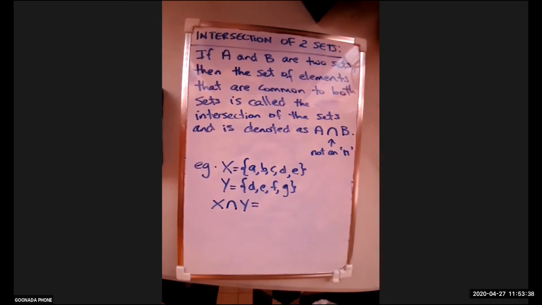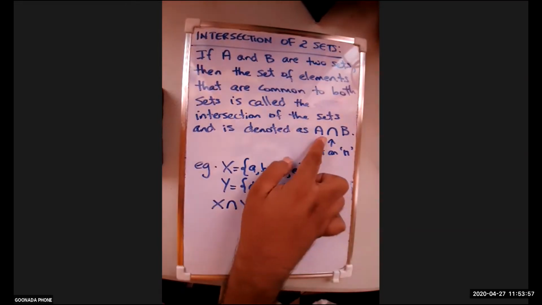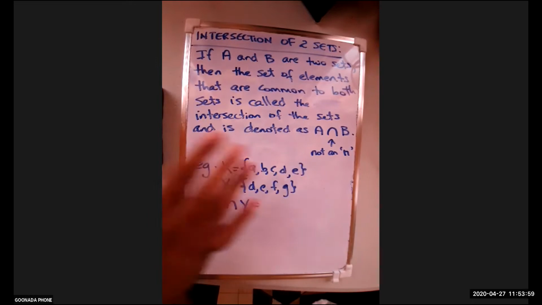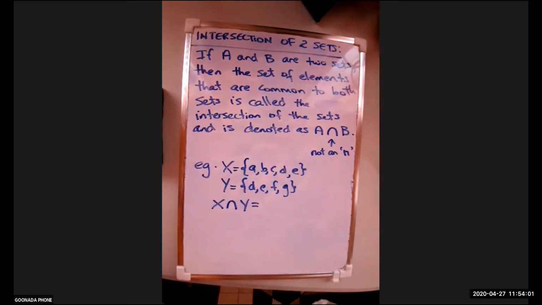Okay, just pay attention, everybody, for a minute. So if A and B are two sets, then the set of elements that are common to both sets is called the intersection of the sets, and it is denoted or represented as A intersect B. This is not an N, just as the symbol for union was not a U, but it's the symbol for intersection rather.